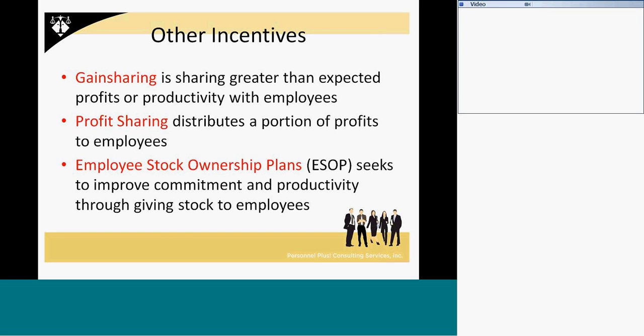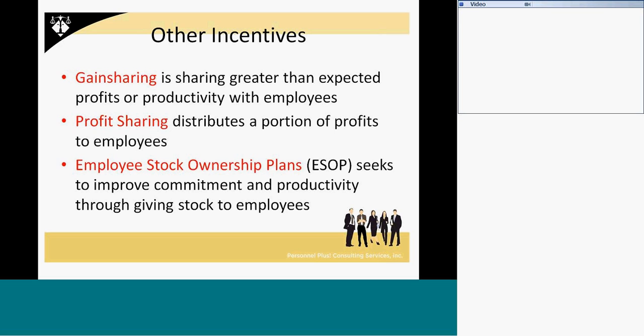ESOPs, otherwise known as employee stock ownership plans, is where you create a business model that as people work for you, part of the compensation package is stock ownership.